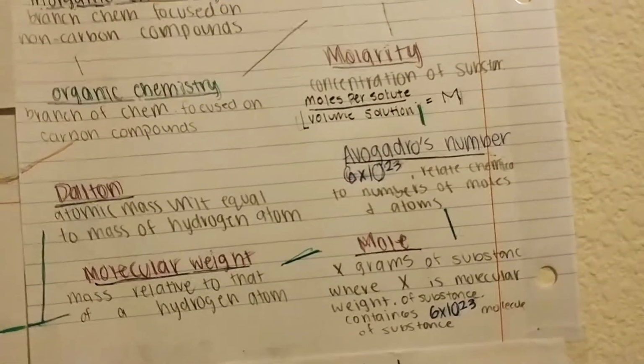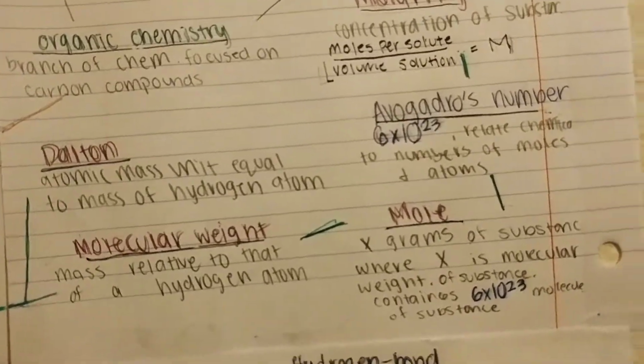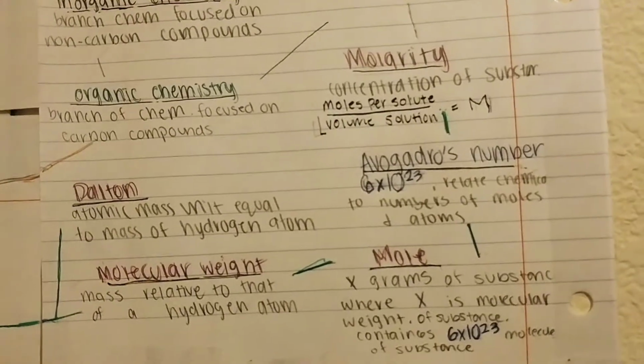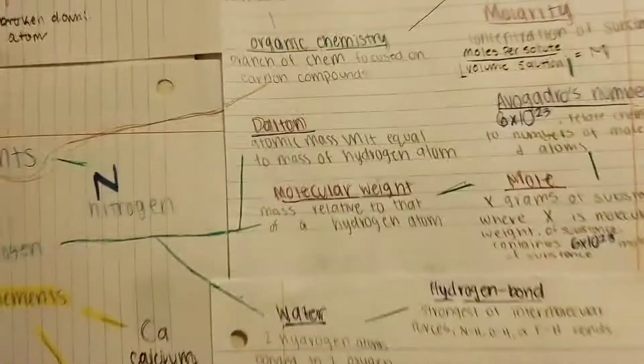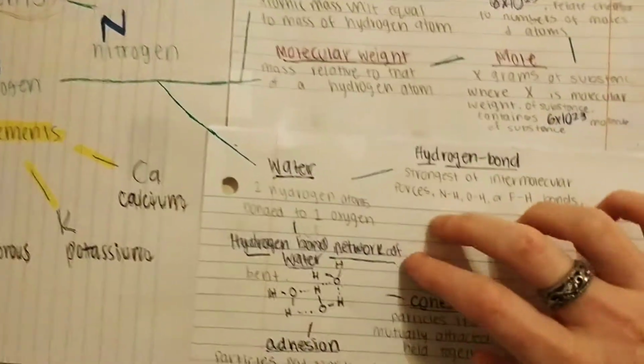It's the concentration of a substance, which is moles of solute divided by volume, which equals the molarity, and the volume is usually in liters, so if it's in milliliters, you have to convert that. And so hydrogen also leads into water, which is 2 hydrogen atoms bonded to 1 oxygen.